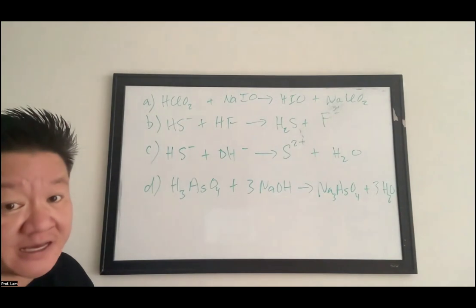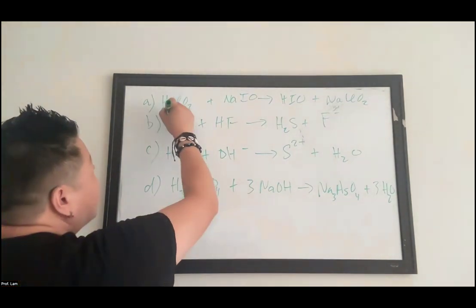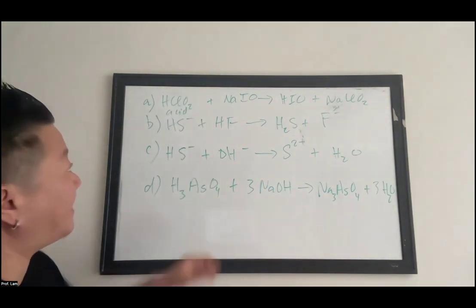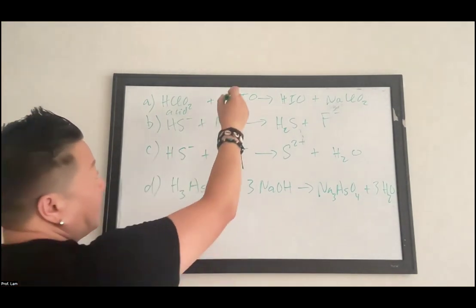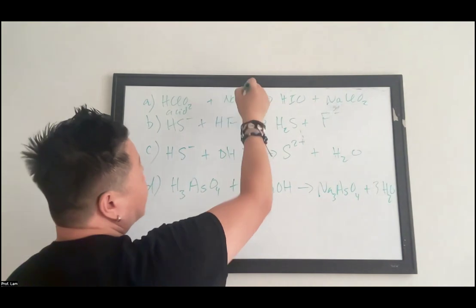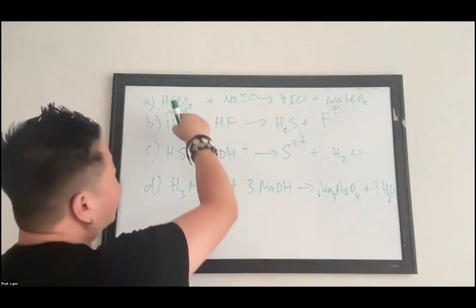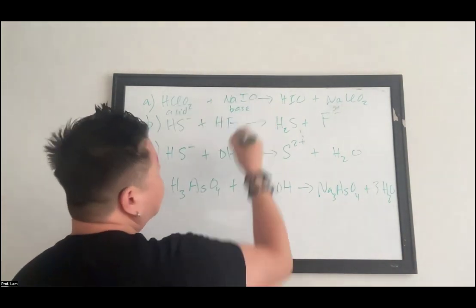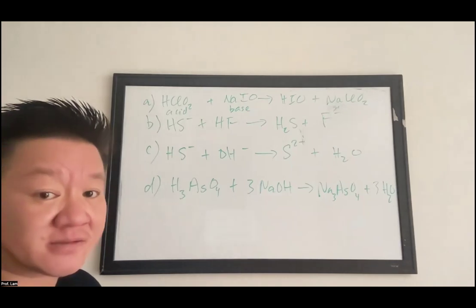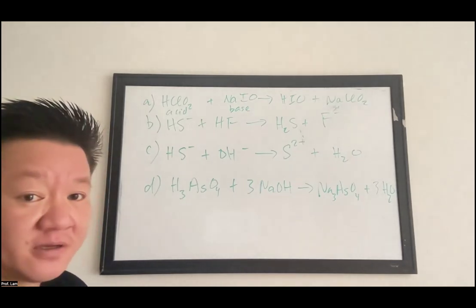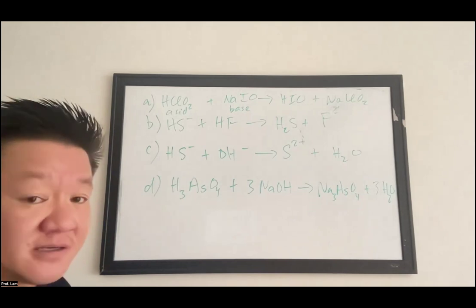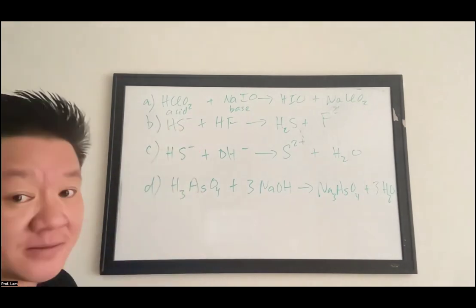Okay, so in A, we see that HClO2, that must be the acid, right? And then here, your sodium IO, that's going to be the base, because the sodium is sodium plus and the IO is minus. So if this is the acid, this has to be the base. And then we basically just follow the proton, right? Because that's the definition. The Bronsted-Lowry definition of an acid is a proton donor, and the base is the proton acceptor.